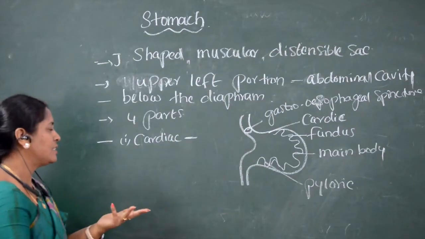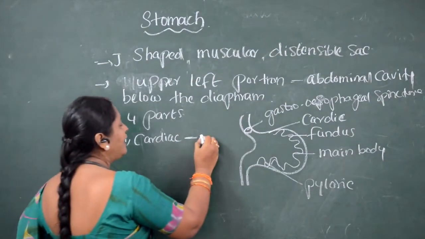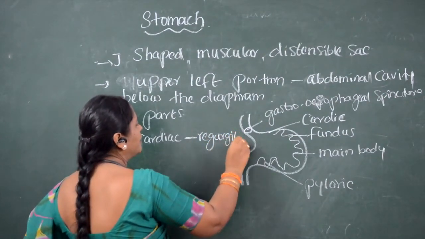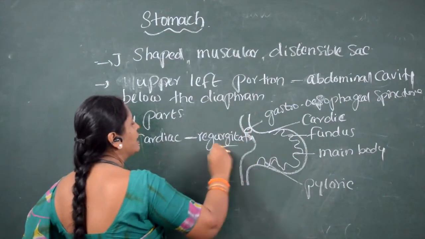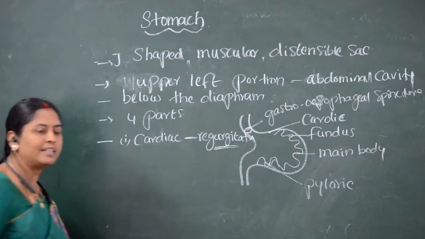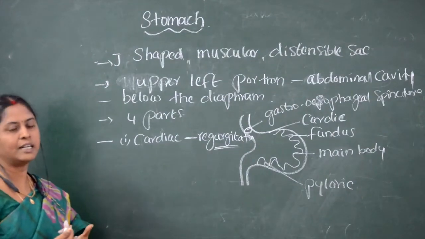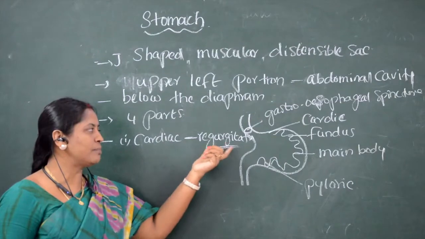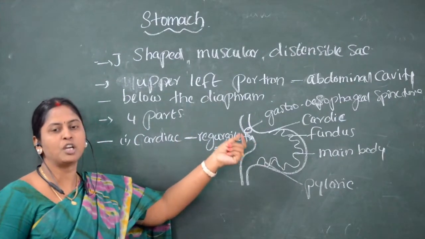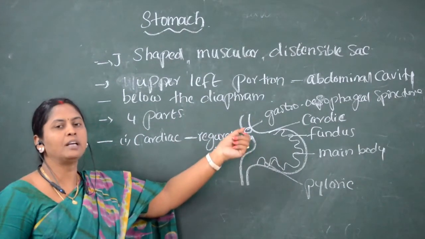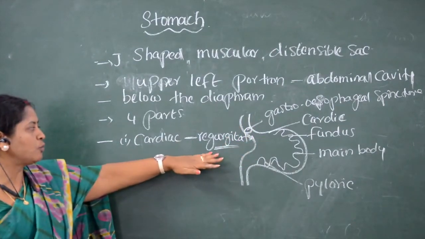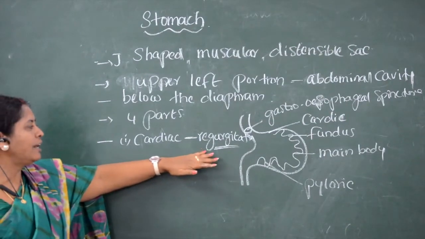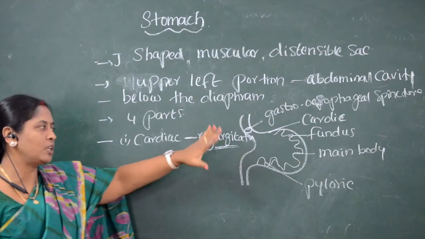Because of that, regurgitation of food occurs in small children, meaning indigestion occurs and they vomit the food. It occurs only in small children because of undeveloped muscles.